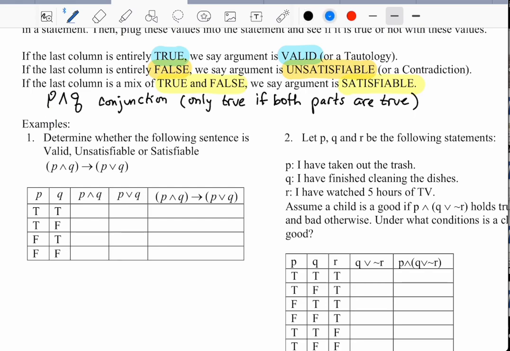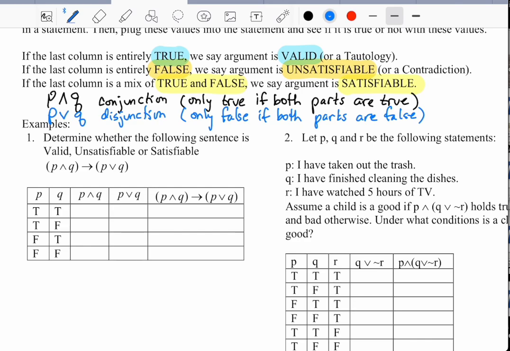And then P or Q, disjunction, only false if both parts are false. Right? Only false if both parts are false.